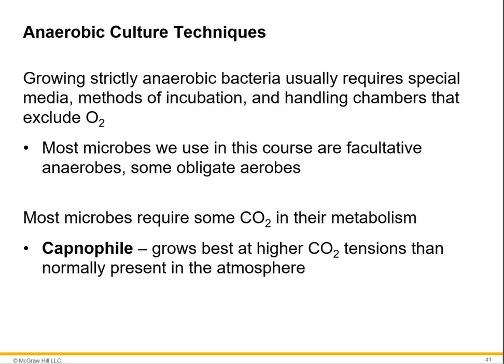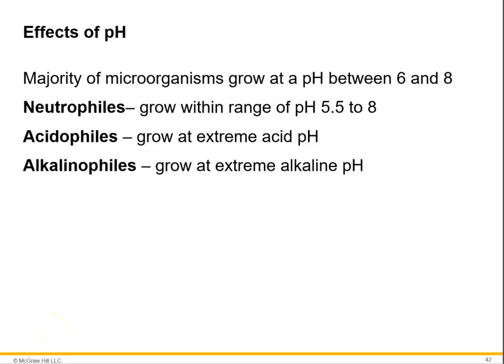Most microbes are going to require some CO2 in their metabolism. And here's another definition, the capnophile. These guys grow best at higher CO2 pressures than normally present in the atmosphere. Most microorganisms are going to grow at a pH between 6 and 8.